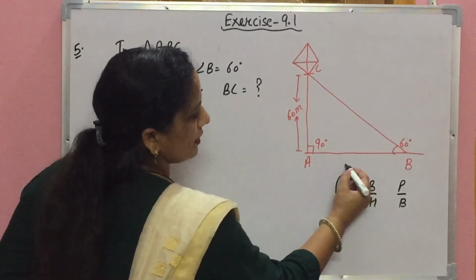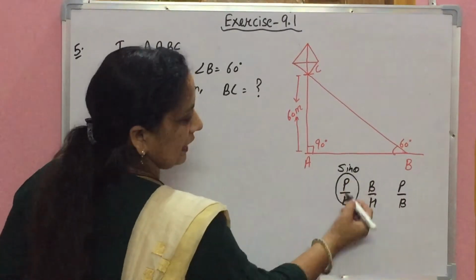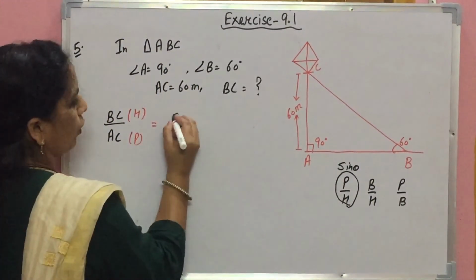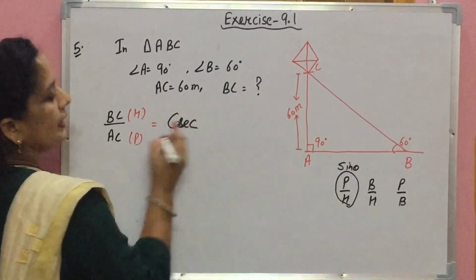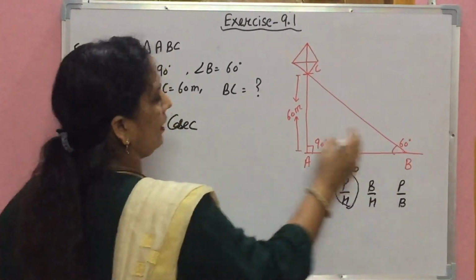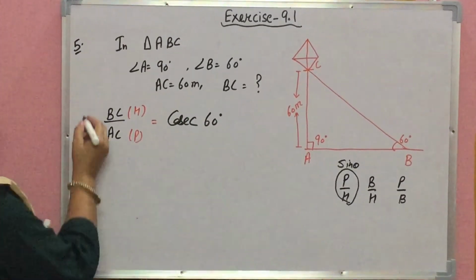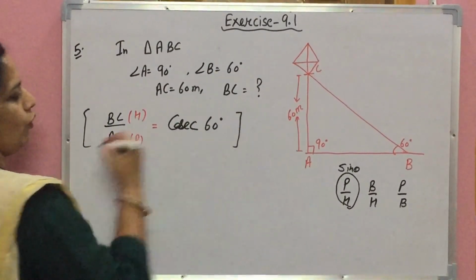Reciprocal of this. This is the formula of sin theta, but reciprocal is formula of cosecant theta. So this is the rule of cosecant theta, and theta that means angle is here 60 degree. So put the values. This step is main of this question.